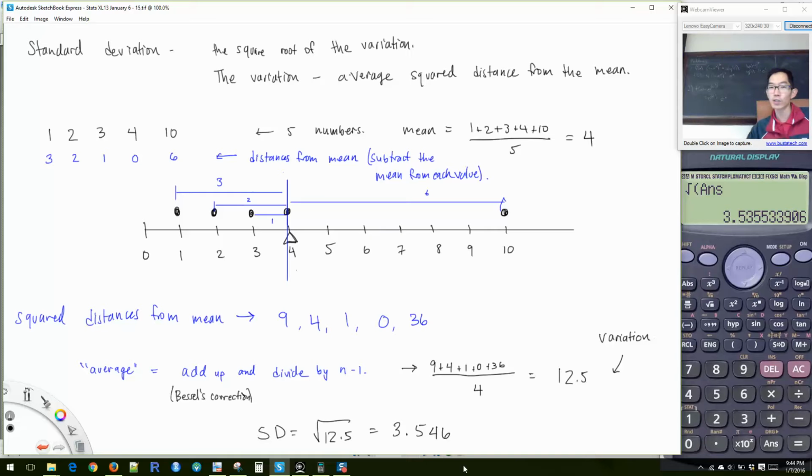If I had another set of data with the numbers 1, 2, 3, 4, 5, how would the standard deviation compare to this? It'll be smaller than 3.546.